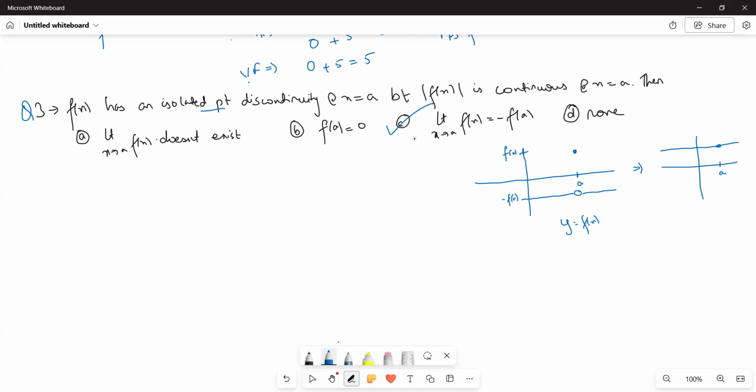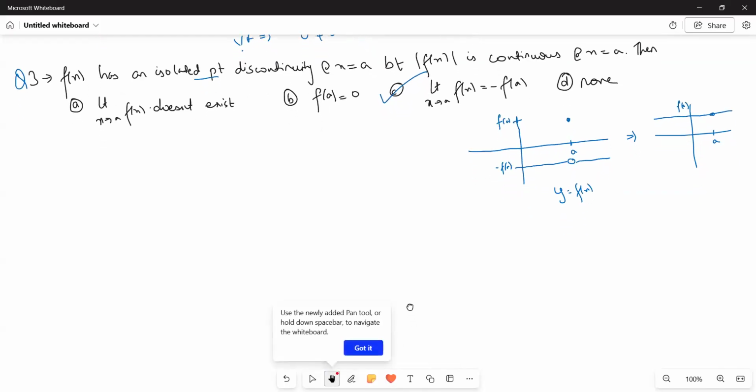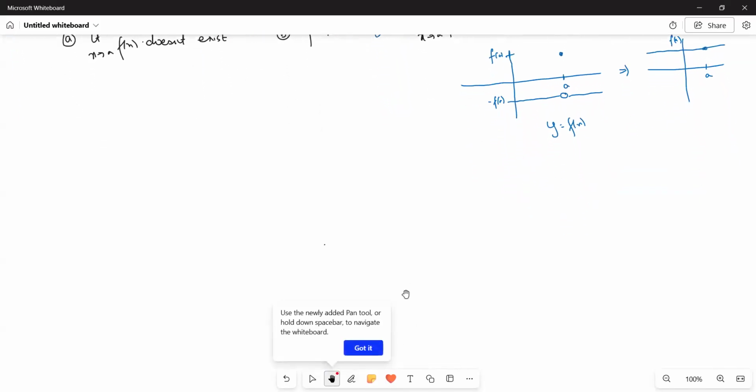Is anyone able to understand this? So for mod f(x) to be continuous, limit of x tending to a of f(x) must be minus of f of a, so that after reflection of the mod, the graph is completed.